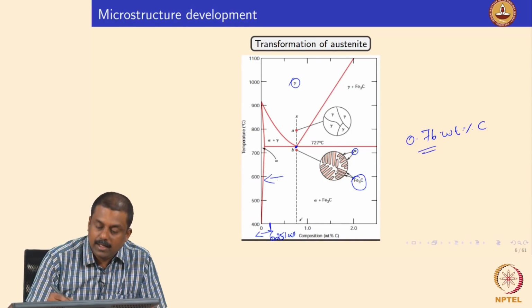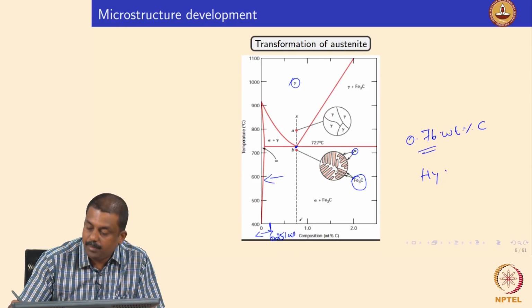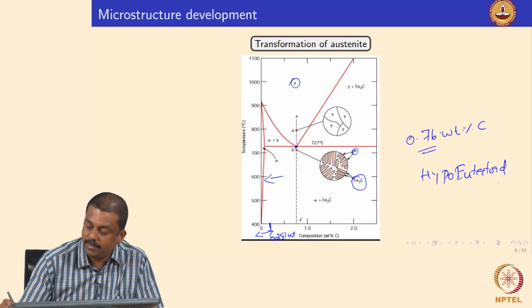Okay. So, the steel compositions that are less than the eutectoid composition are known as hypoeutectoid steels, because the carbon concentration is less than the eutectoid point. Okay, hypoeutectoid steels.